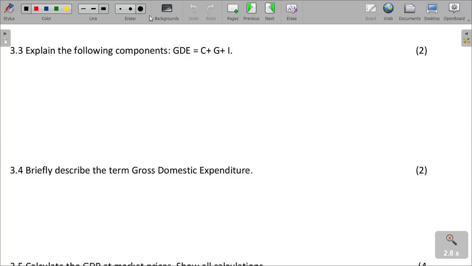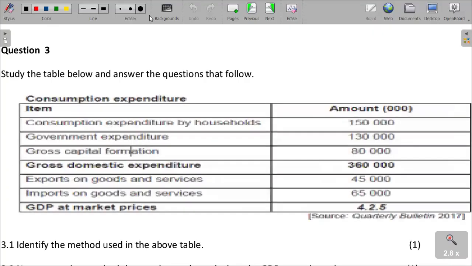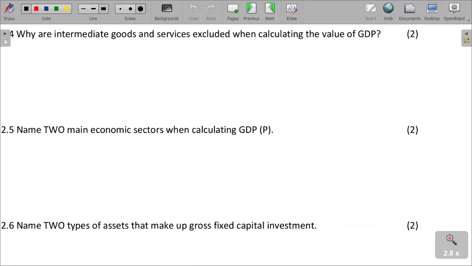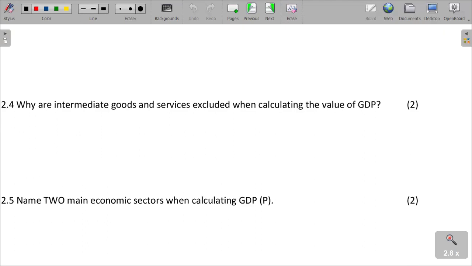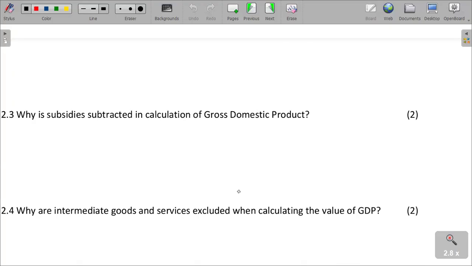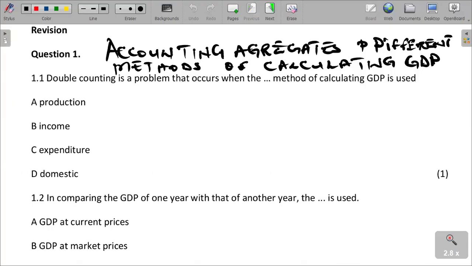These questions are so technical and very practical in our end of year examinations. So without wasting any time, let's just quickly answer the questions.